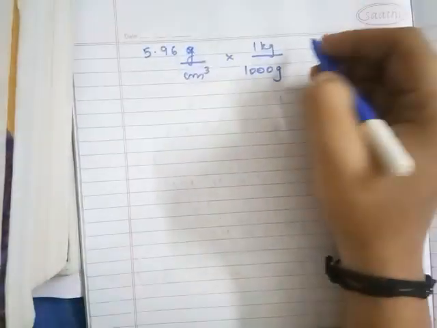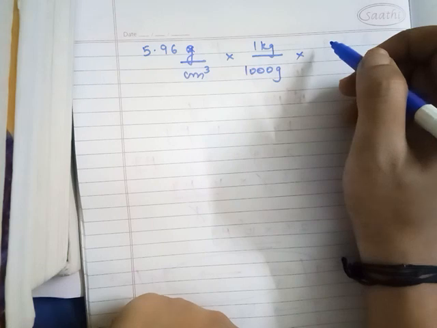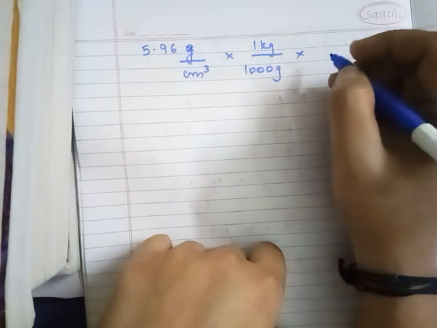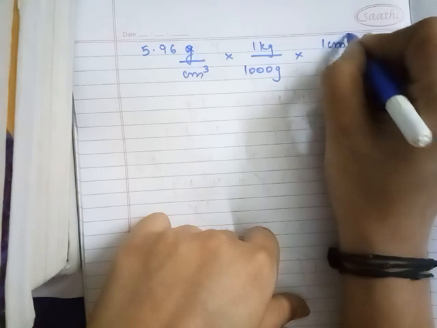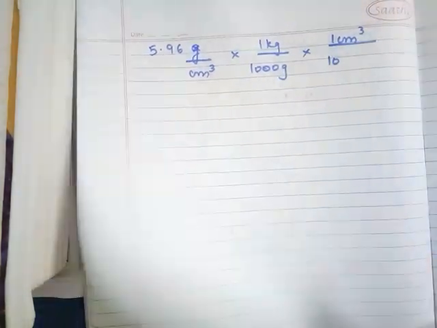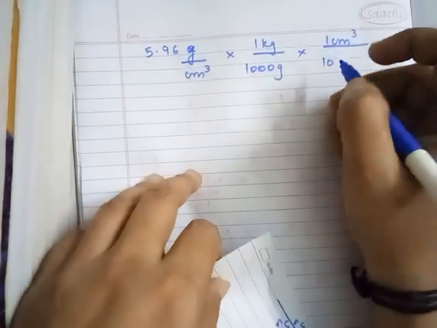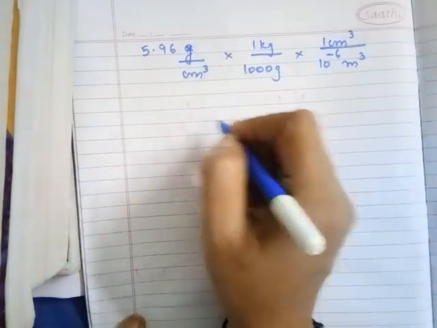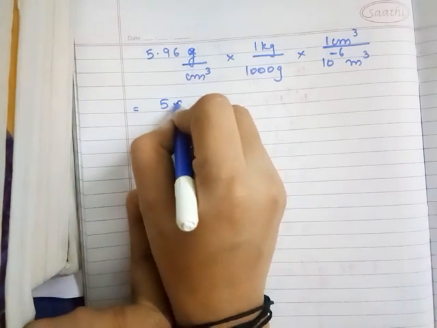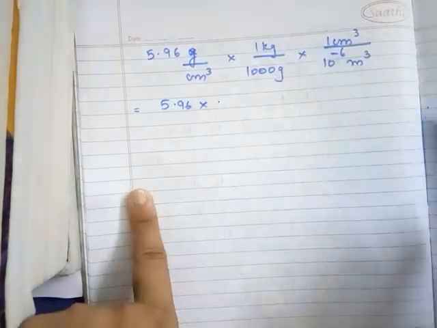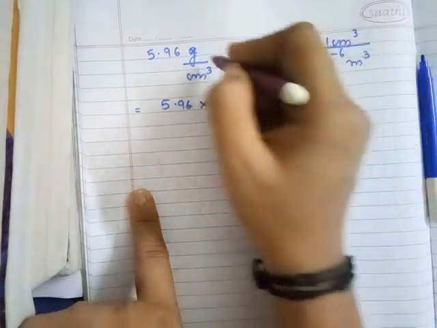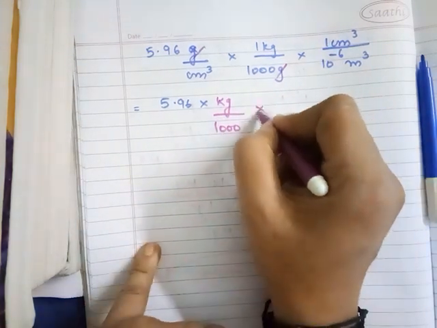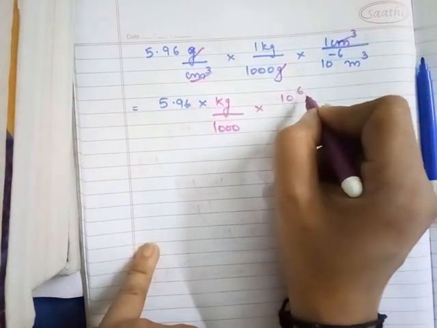Now the second factor, you have to convert centimeter cube to meter cube, so you will have the conversion factor as 10 to the power minus 6 meter cube upon 1 centimeter cube. So 5.96 into, here gram will cancel out, so here remains kilogram upon 1000, centimeter cube to centimeter cube, and 10 to the power minus 6, which is in the denominator.